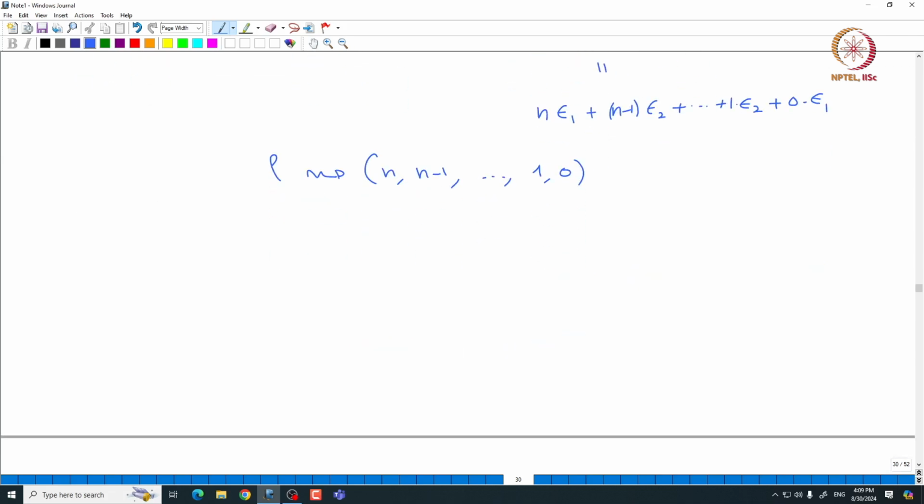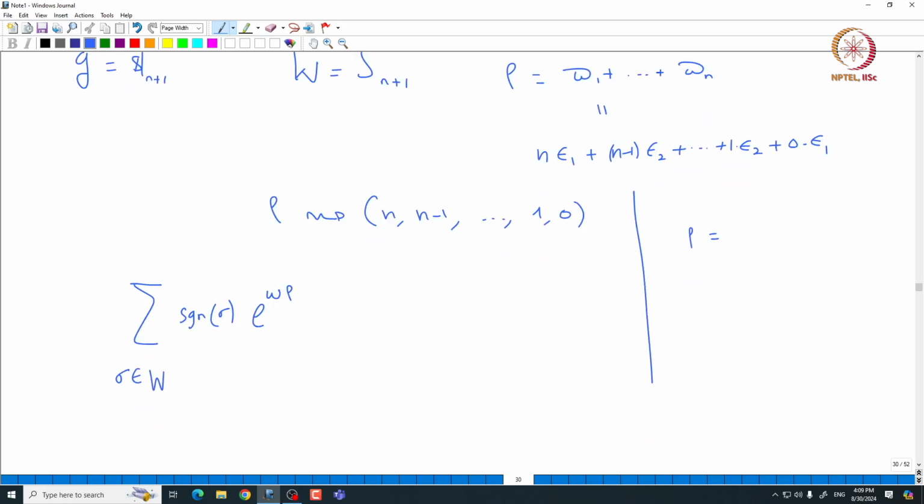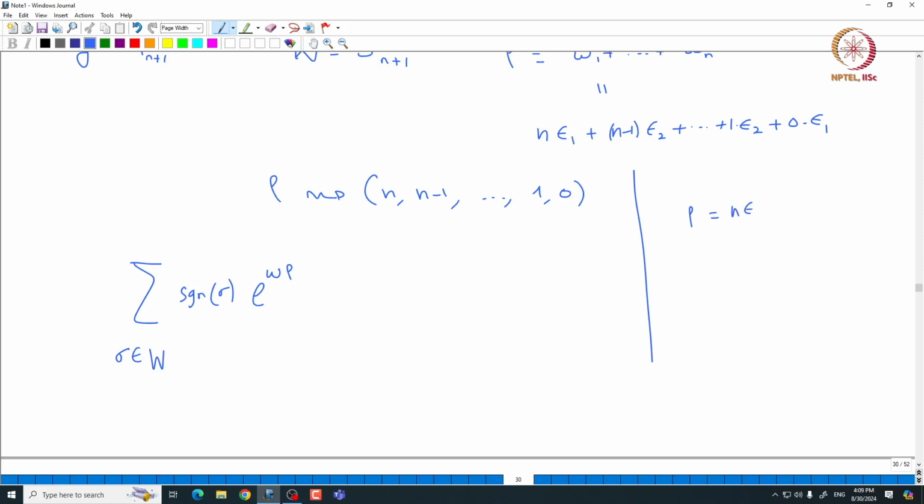Now if you take the sum side of the denominator identity, you can see that the summation over sigma in W of sign of sigma e power sigma rho can be written as follows. Now rho is written in terms of this epsilon i basis. So, this is n epsilon 1 plus n minus 1 epsilon 2 plus etcetera plus 0 epsilon n plus 1.